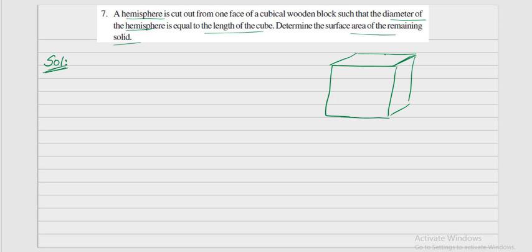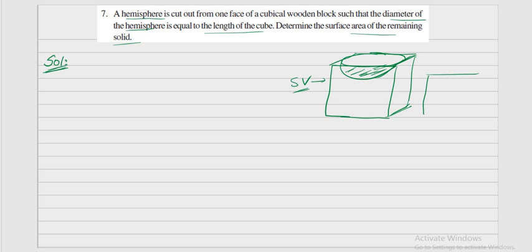So what is happening here? If you observe this top surface, from this top surface I am removing a hemisphere, right? When I remove this hemisphere, this is nothing but my side view. If I see from the side, it looks like this.